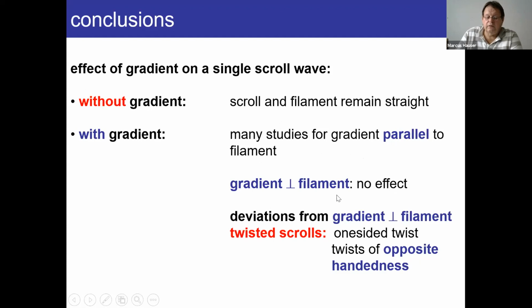However, if there are small deviations at the very end, if they don't really hit the boundaries at a 90-degree angle, then we can have either a one-sided twist of the filament, closer to the higher value of the gradient, or if you have slightly U-shaped filaments, then we can have twists of opposite handedness, and the twist will increase and create a nodal plane until the nodal plane gets to a minimal distance in the experiments.